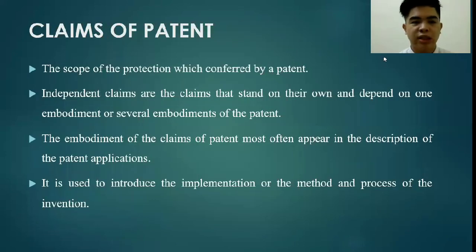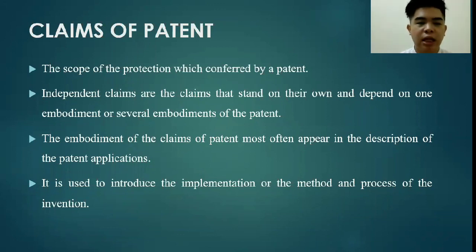Now, I will discuss the claims of patents. The claims of a patent mean the scope of the protection conferred by a patent. The patent claims act as a notice to others on what not to do in order to avoid infringement liability to the patent.